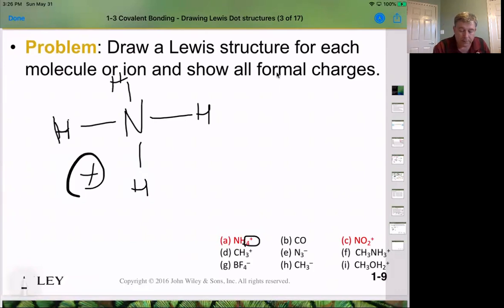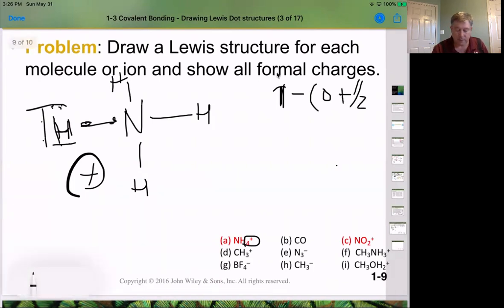So hydrogen had 1 electron right here. And we're going to subtract the number of unbonded lone pairs. How many lone pairs do we have around hydrogen? We have 0 lone pairs. Remember, it only needs 2 electrons. And it's plus 1/2 of the bonded electrons.